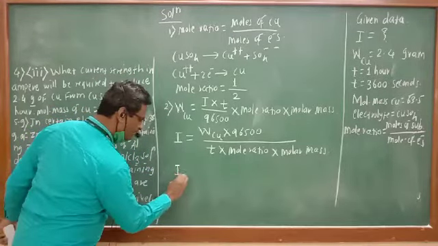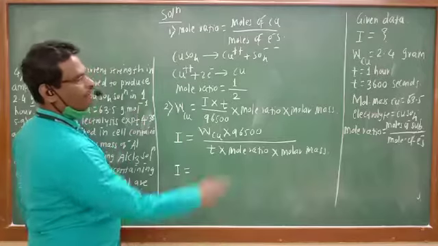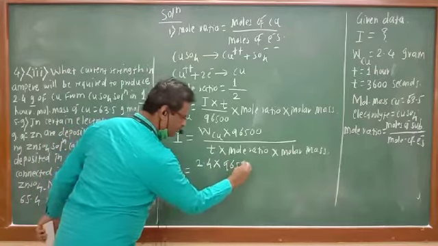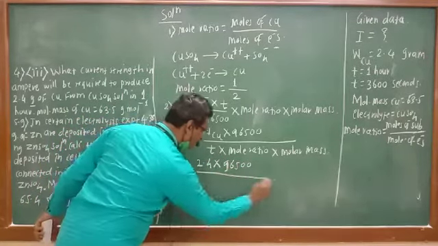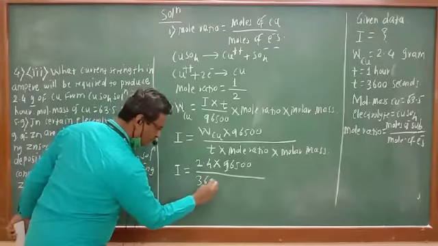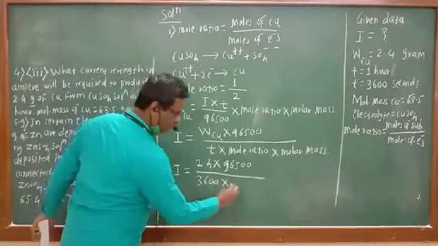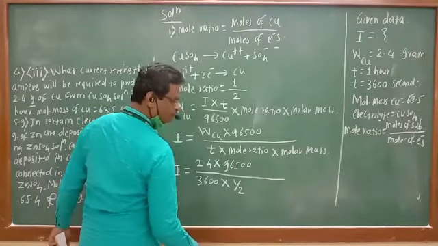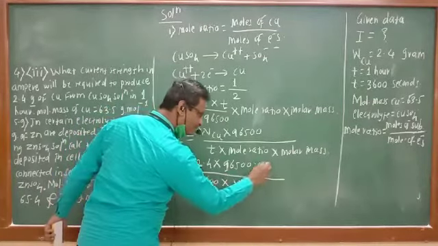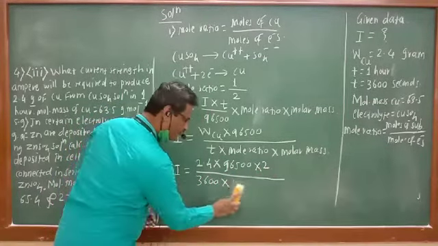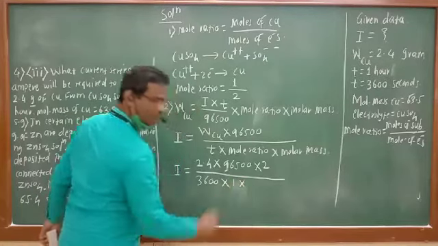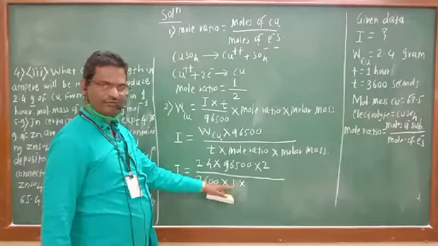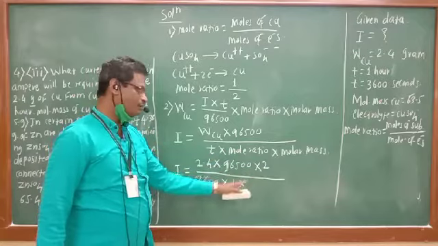Now substitution. I is equal to weight of copper, which they have given as 2.4 gram, multiplied by 96,500 divided by time 3600 multiplied by mole ratio 1/2. The mole ratio is 1 divided by 2, or this can also be written as 2 divided by 1 here. Is it right? Either written as half here or written as 2 divided by 1.